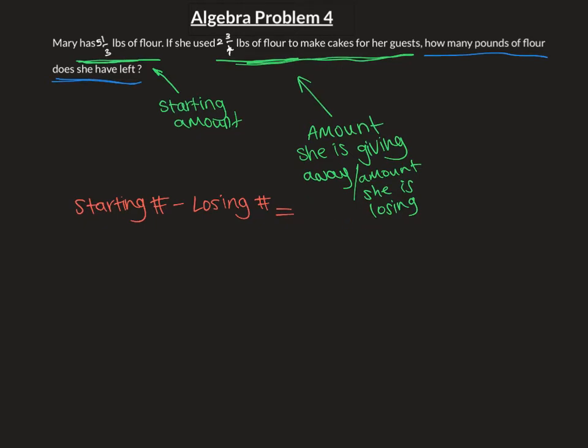So that would be equal to the remaining amount. So starting amount minus losing amount equals remaining amount. And let's go ahead and just substitute in this equation. So what's our starting amount? 5 1/3 pounds.